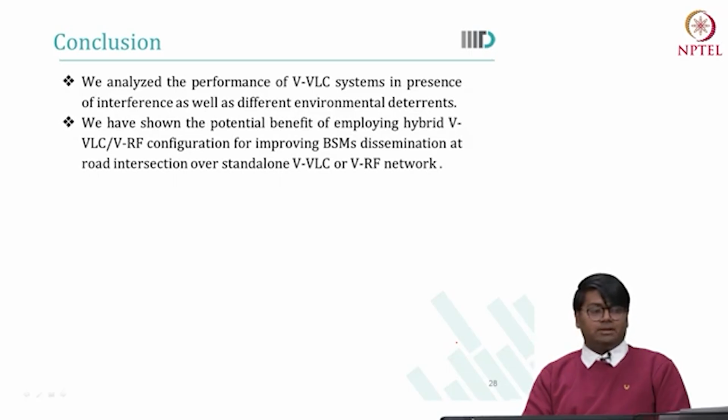Depending upon the transmitter location, it is found that standalone vehicular VLC and vehicular RF exhibit complementary roles in terms of outage probability. The presented framework also showed the limitation of standalone vehicular VLC over VRF communication when the distance between the desired vehicle and the roadside unit is less than the critical distance defined for vehicular VLC.